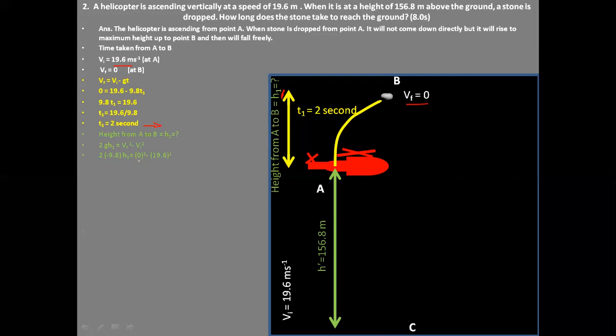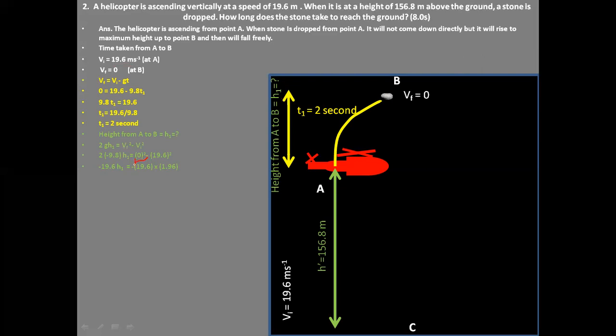The final velocity again is 0 minus the initial velocity, which is taken to be 19.6, whole square, which is in the formula. Now putting in the values, what do we get? We get 9.8 multiplied by 2, it will be minus 19.6, is equal to minus 19.6 into minus 19.6.